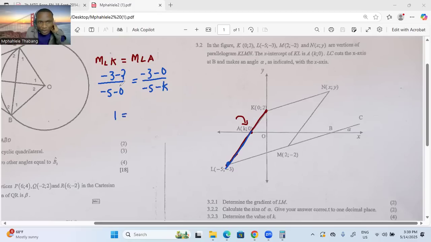So you have minus 3 over minus 5 minus K.